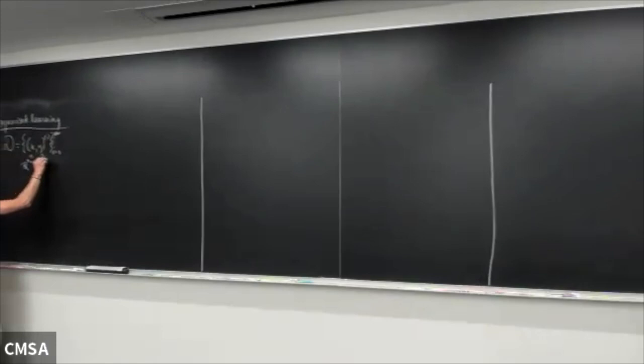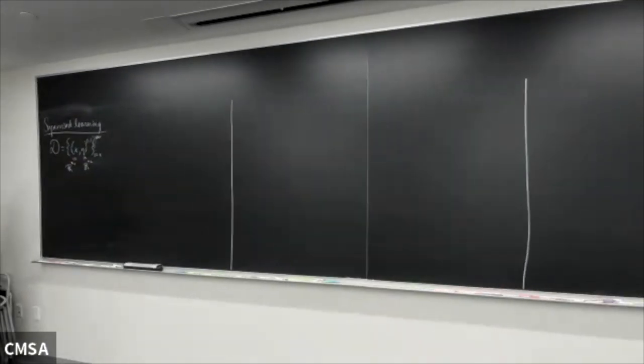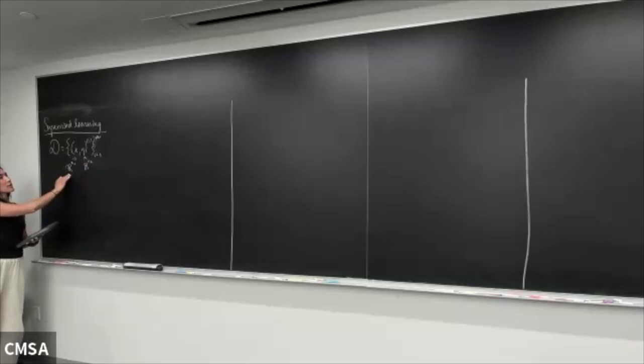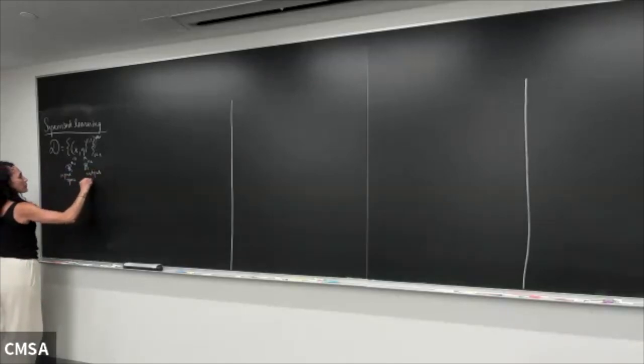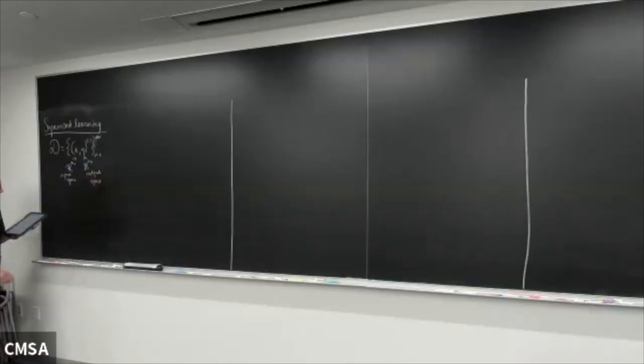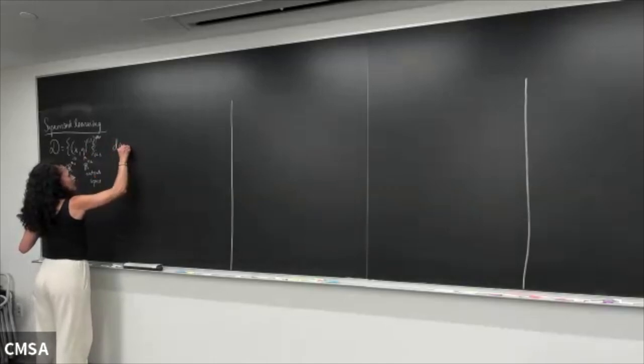So you're thinking of your data as already having been embedded somehow into some Euclidean space. This is called the input space. And the idea is that this is just a finite data set from some unknown probability distribution. I just want to say that at the outset.